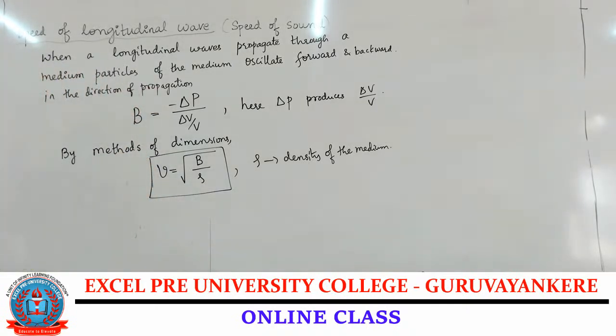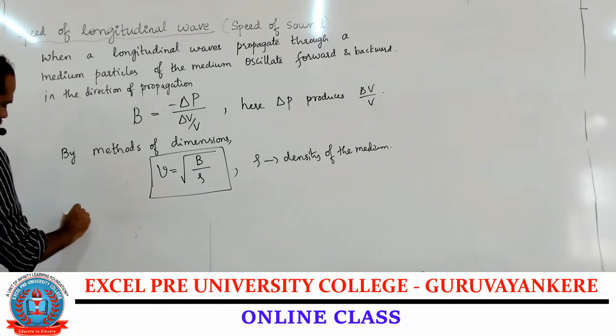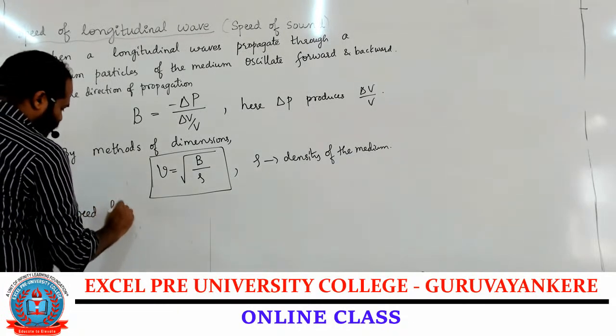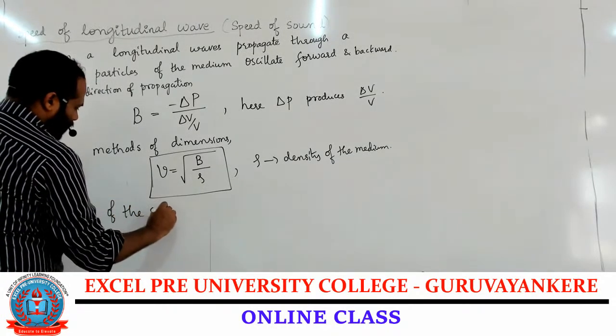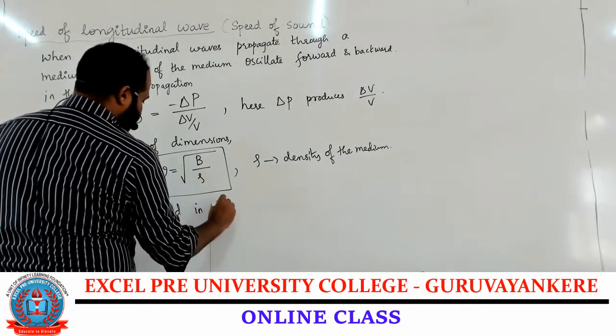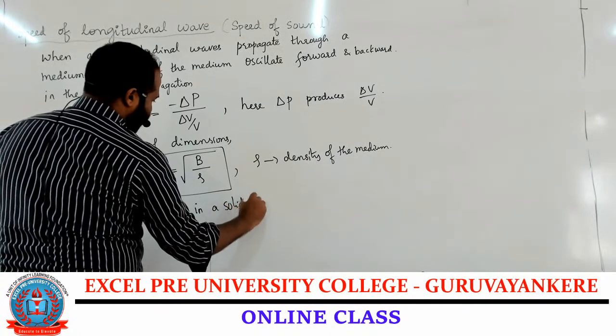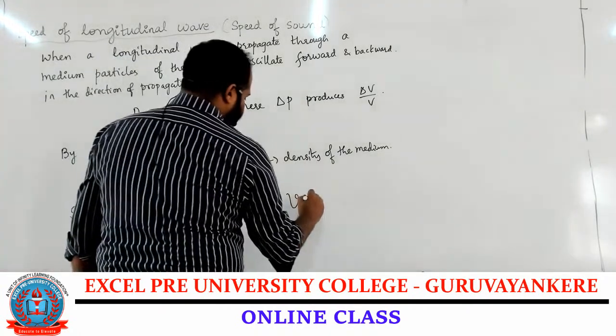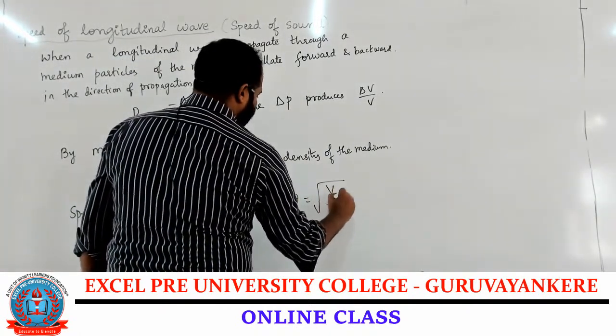Okay, so speed of the sound in a solid bar, not only longitudinal strain, in a solid bar, metal bar, then it will possess Young's modulus, then it is root of Y by rho.